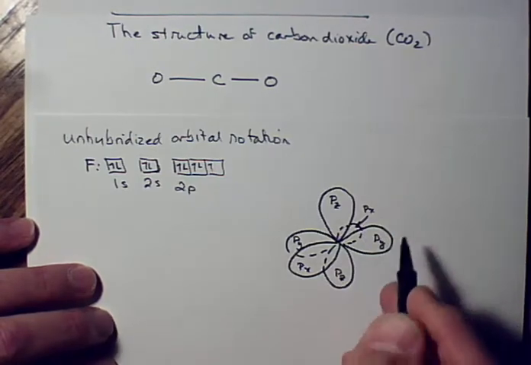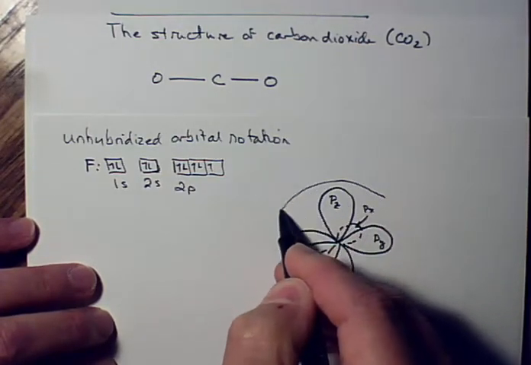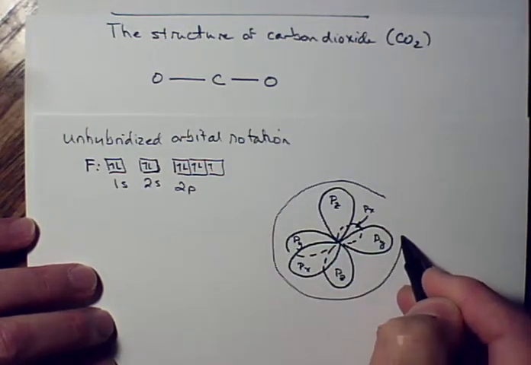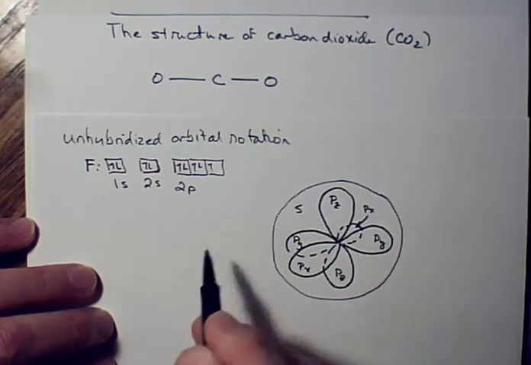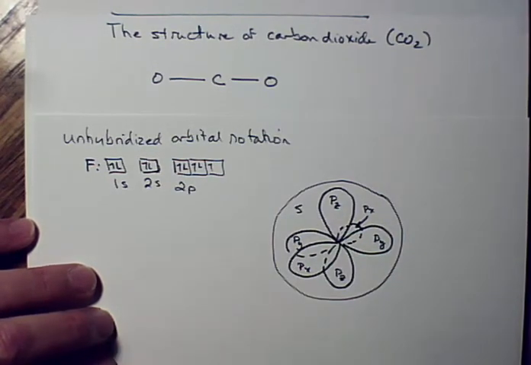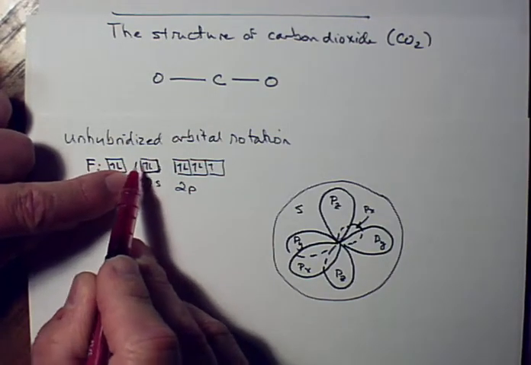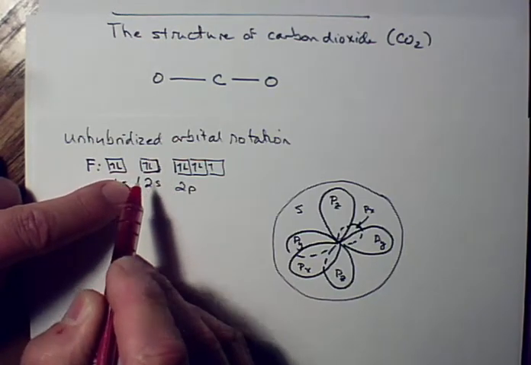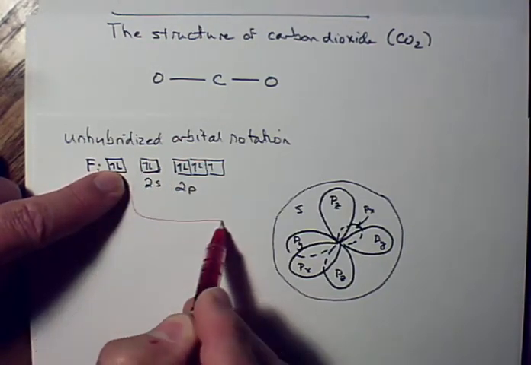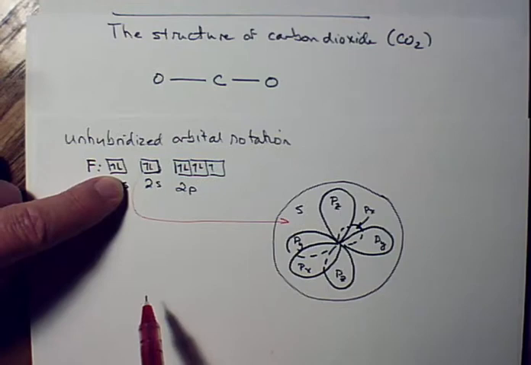Okay? And then we also have an s orbital in that valence level that goes around that. So this orbital here in the orbital notation is this s orbital right here.